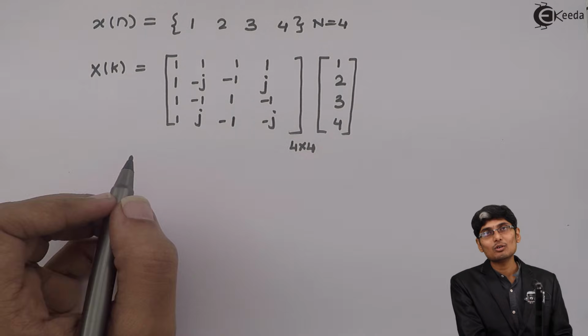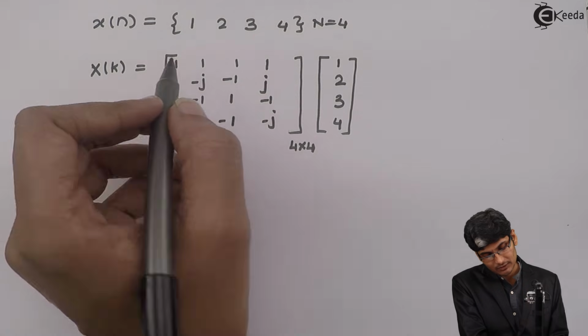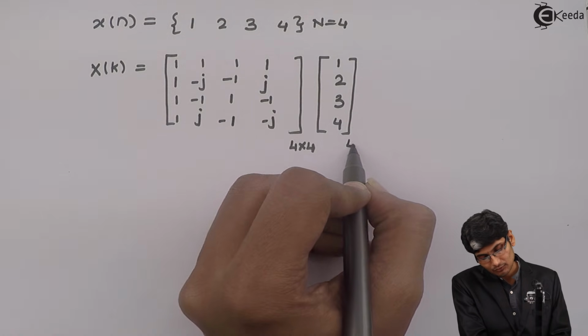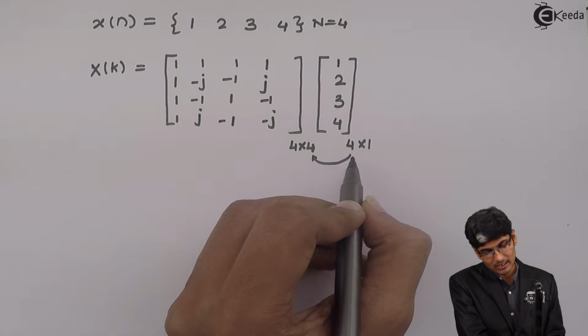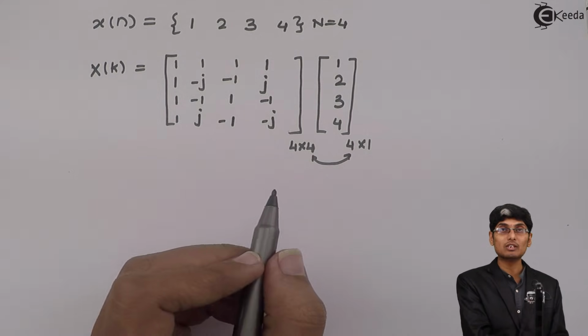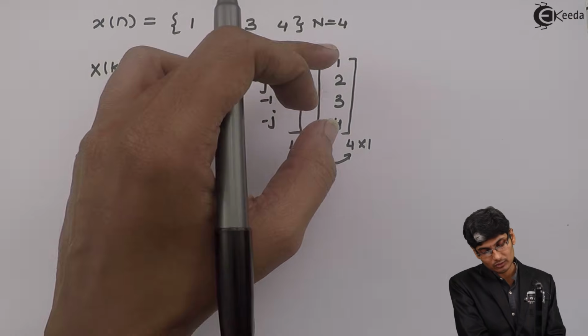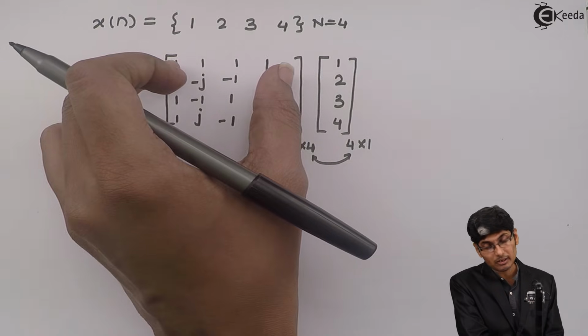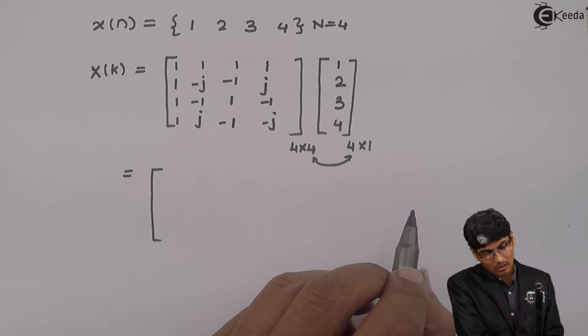So here we have developed this matrix, and we have this 4 cross 1 column matrix. Because the inner dimension matches, of course, we can go for the matrix multiplication. In this matrix multiplication, we always know that the row will be multiplied by the column.